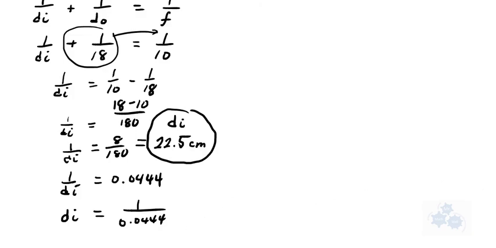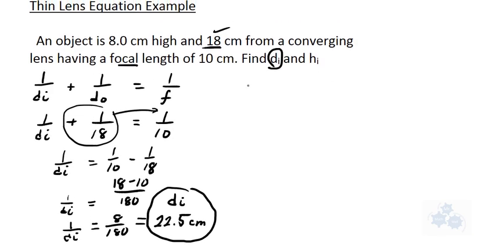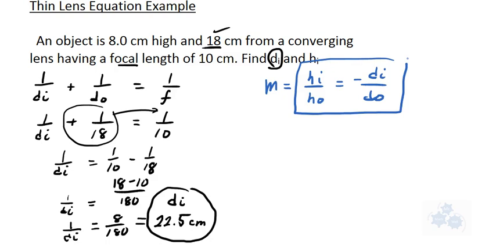Okay? So that's the first part. That's di. So what about hi? Well, we talked about the magnification equation. Magnification equals hi over ho, or negative di over do. So we're going to focus on this part right here, and we're going to fill in all the values that we have.